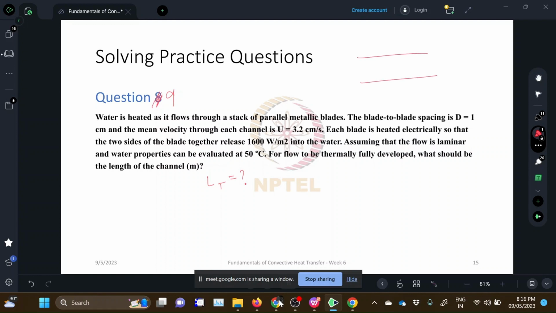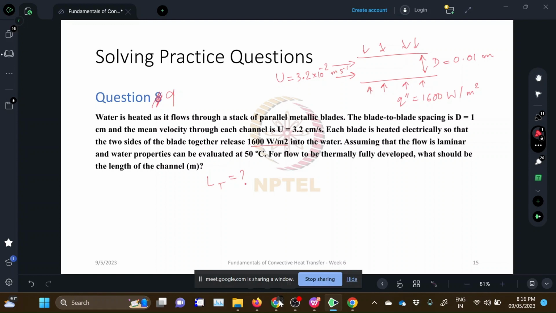The informations given is that this is a uniform wall heat flux condition with Q double prime equal to 1600 watt per meter squared, and our U is 3.2 centimeter per second, so it's basically 3.2 into 10 to the power minus 2 meters per second, and this spacing D is equal to 1 centimeter or 0.01 meters.